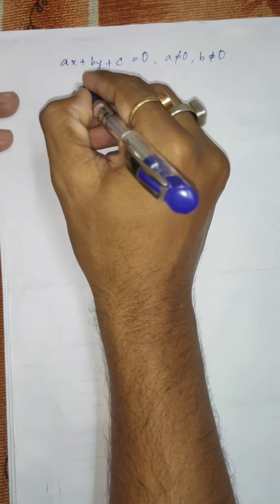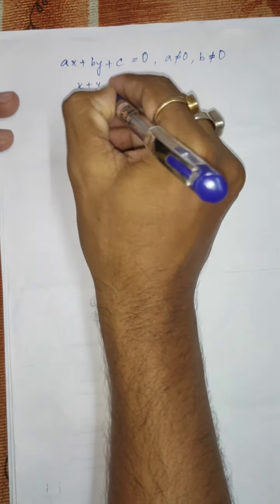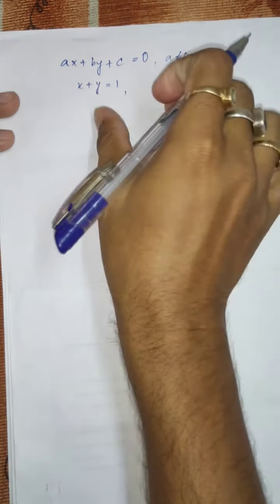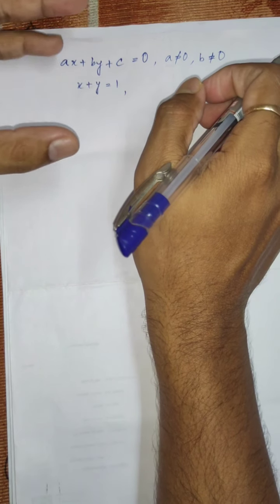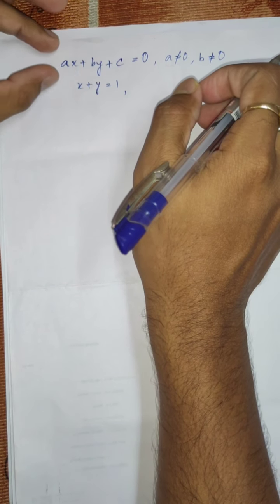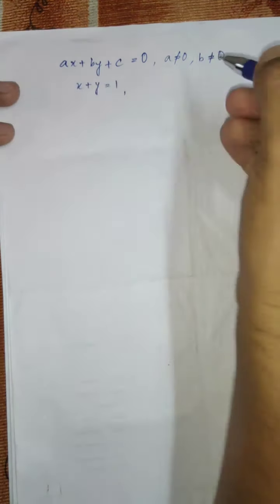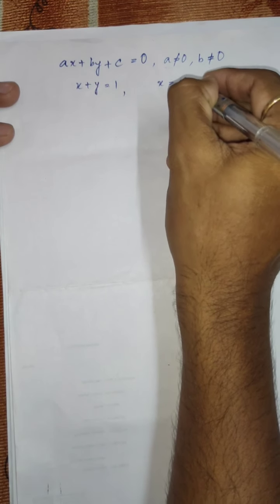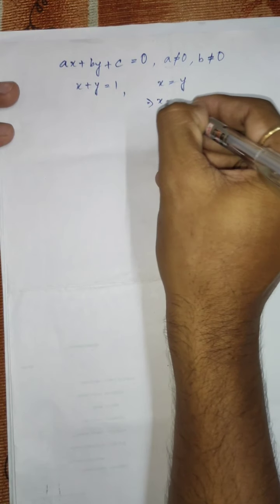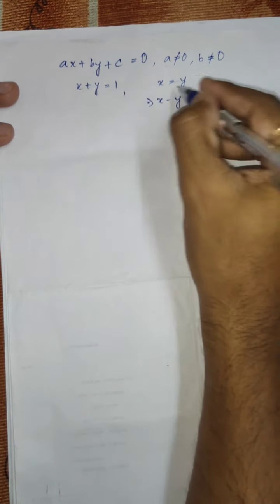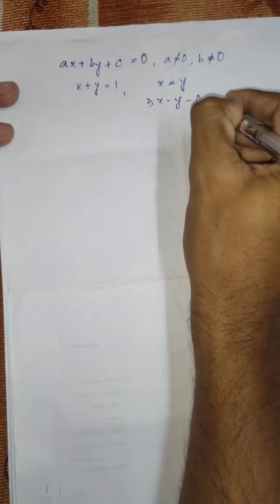So if I write, say, x plus y is equal to 1, this is an example, and all these equations can be represented in the standard form. If I write simply x equal to y, then it is also a linear equation in two variables. We can write x minus y minus 0 equal to 0.